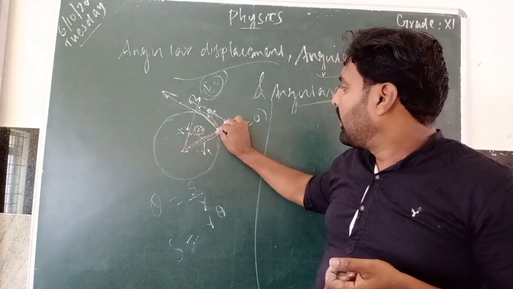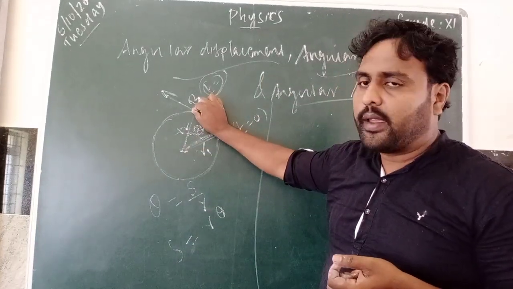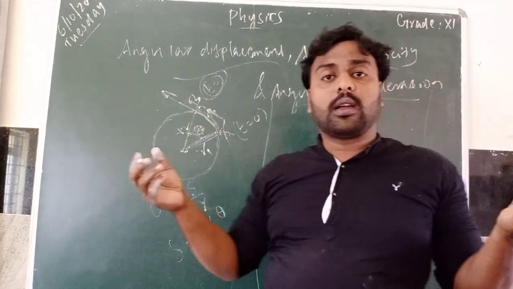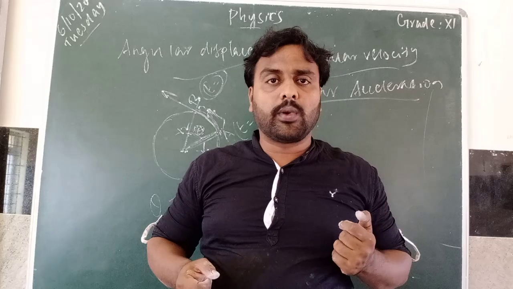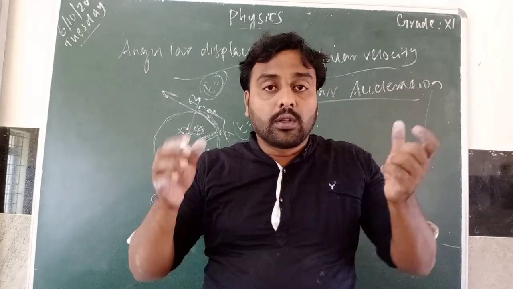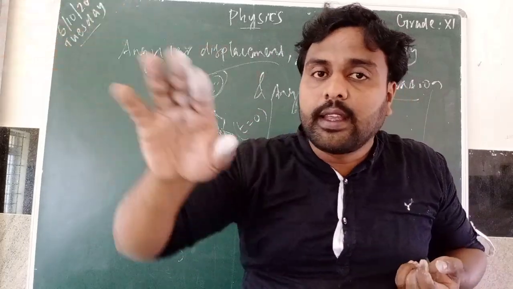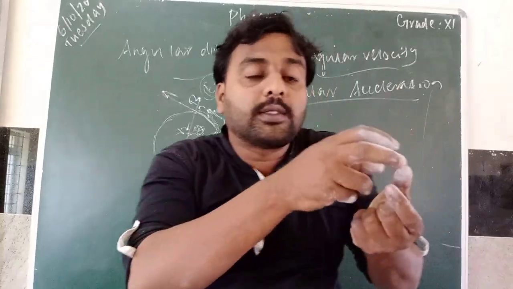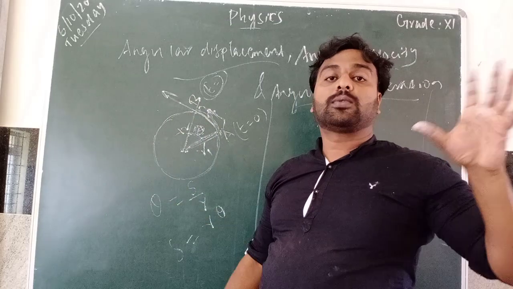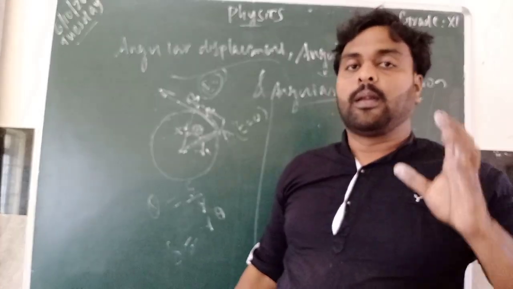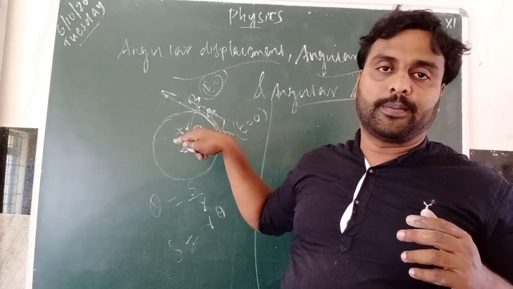This is a particle moving from point A to B. Without any velocity, the particle will not move from one point to another point. Without any velocity, the particle will not displace from point A to B. Here there is some velocity, that is what we are saying angular velocity.